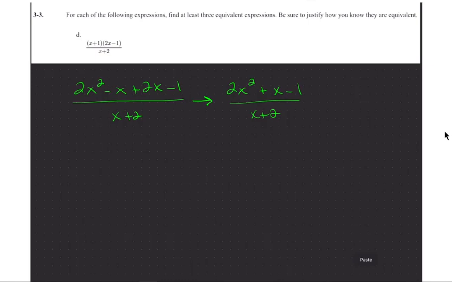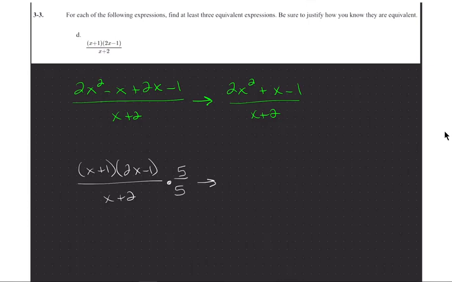You could go through and multiply everything by 5, even if you started off with that original. So the original was x plus 1 times 2x minus 1 all over x plus 2. You could multiply the top and the bottom by 5.